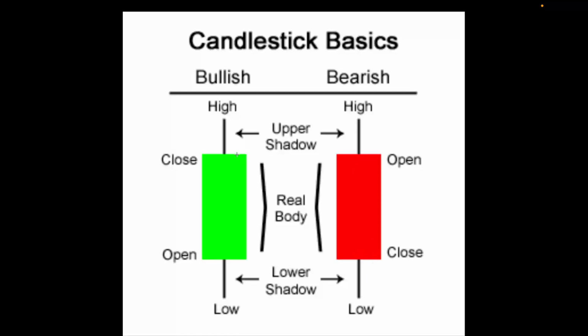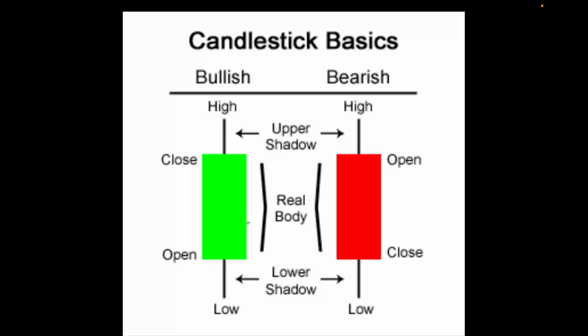This one is the higher wick, this is the lower wick. That is the body of the candle, and these are the wicks of the candle. If you don't want to call it wick, you can call it tail. So this is the tail of the candle, while this is the body of the candle.